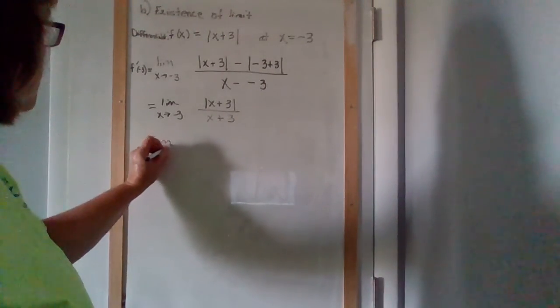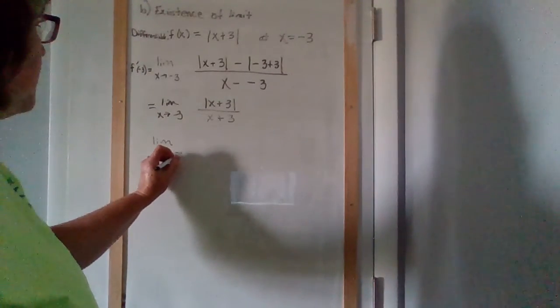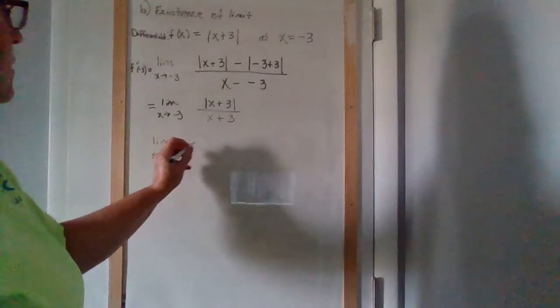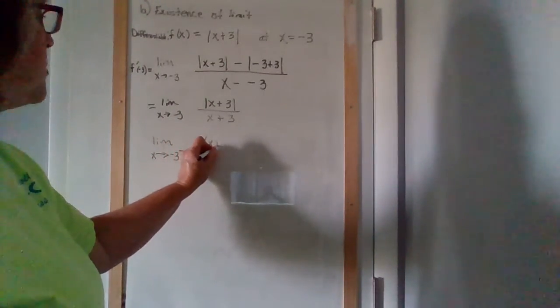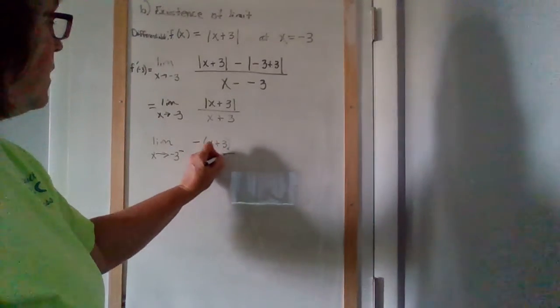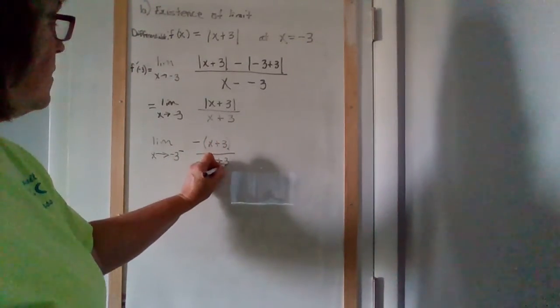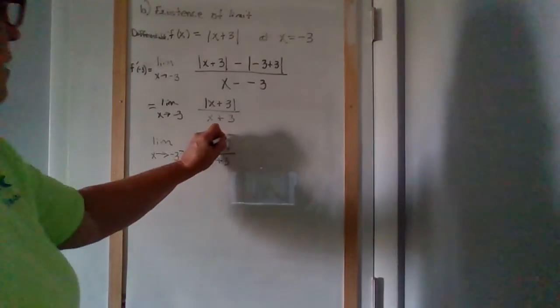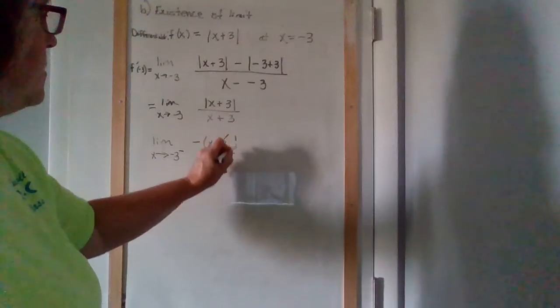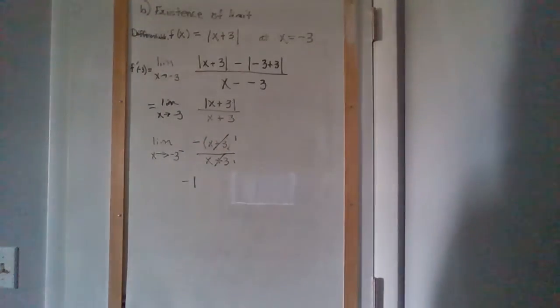I'll remove the absolute value. I'll have us do x approaching -3 from the left. As we do that, removing the absolute value, you use the left branch. And that would be the negative of the quantity x plus 3 over x plus 3. Those will cancel, and you'll end up getting -1 for that limit.